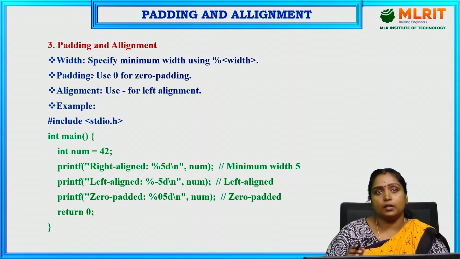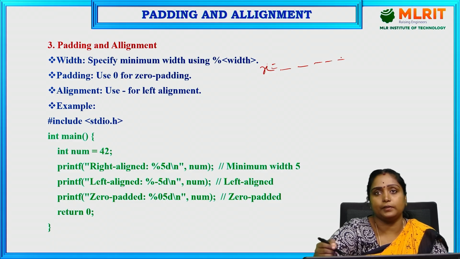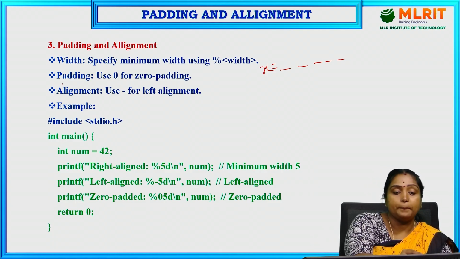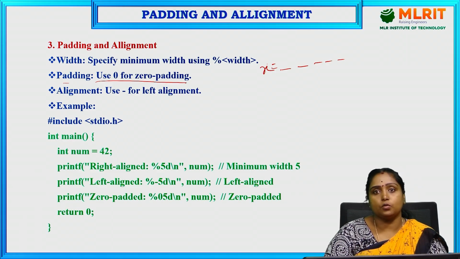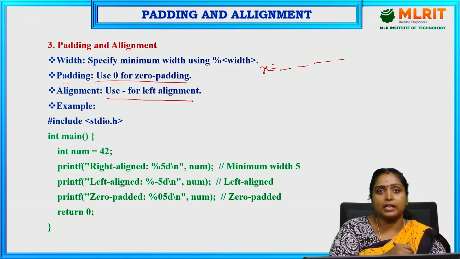So for width, you have to give 5 spaces after a particular statement. After something like x equals, if I want 5 spaces, I have to use width here. Then padding: use 0 for zero padding. If I don't want to give spaces, I have to use zero padding. And for alignment, if I want left alignment, I have to use a hyphen.